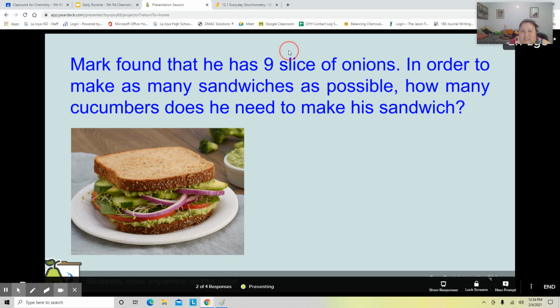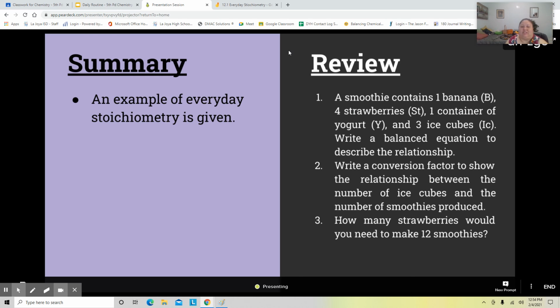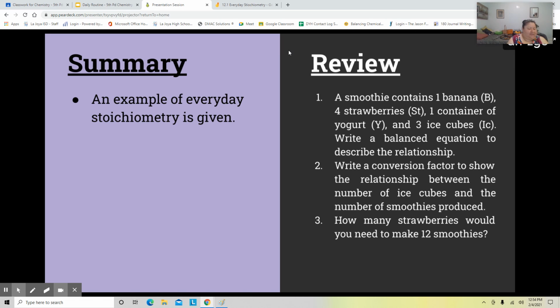All right. Thanks, ladies. So, in summary, an example of everyday stoichiometry was given. Your review questions. Number 1: A smoothie contains 1 banana, B, 4 strawberries, ST, 1 container of yogurt, Y, and 3 ice cubes, IC.